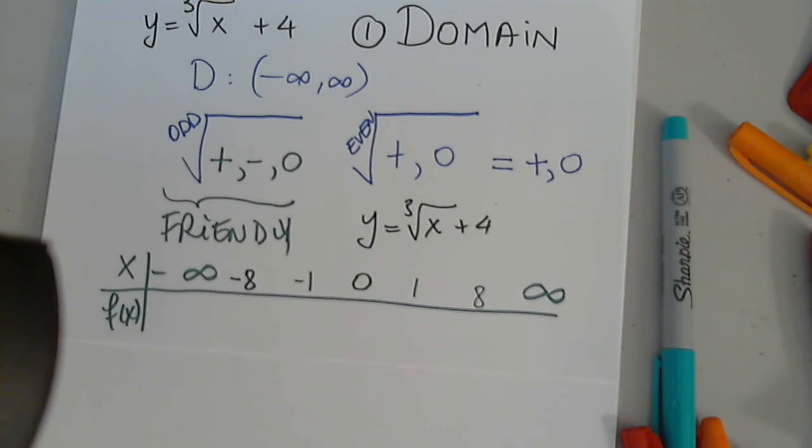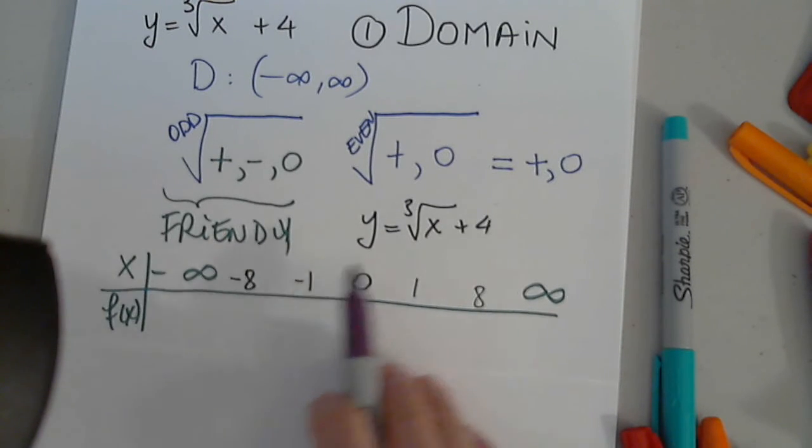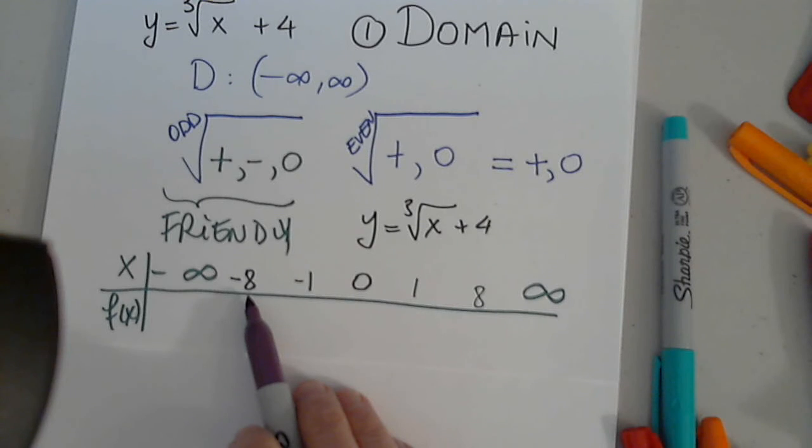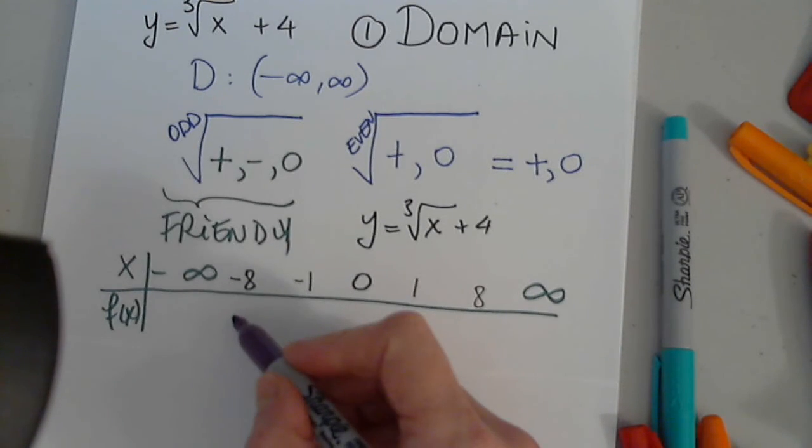I actually don't know. So what is the cube root of -8? Maybe a 2. -2. The cube root of -8 is -2, and -2 plus 4 is?